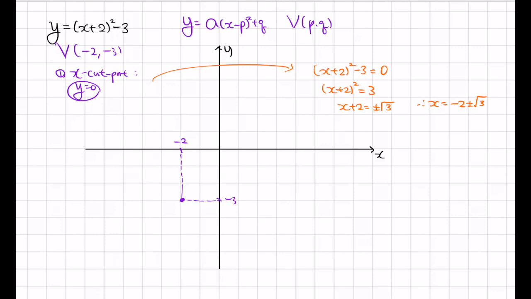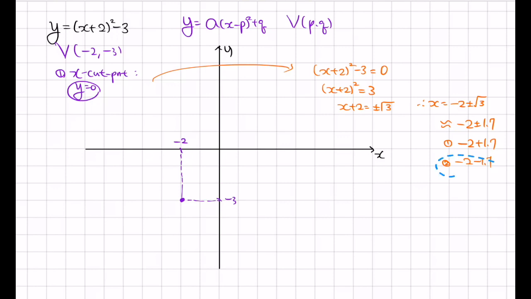Now since we know root 3 is about 1.732, I'm going to round it to 1 decimal point, so it'll become 1.7, so negative 2 plus or minus 1.7. The first case is negative 2 plus 1.7, and the second case is negative 2 minus 1.7.